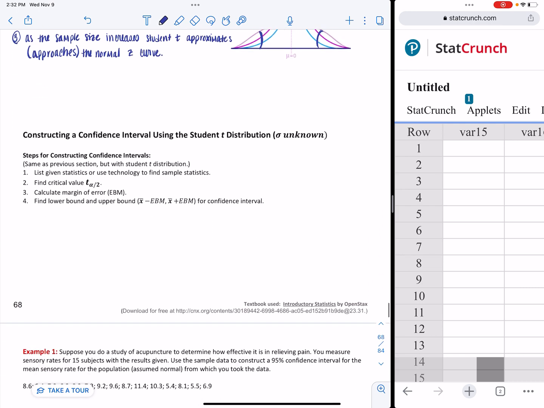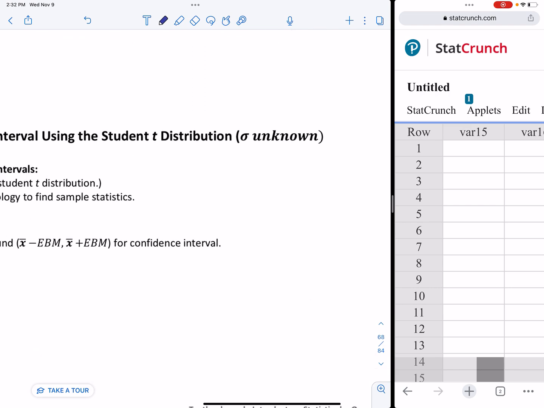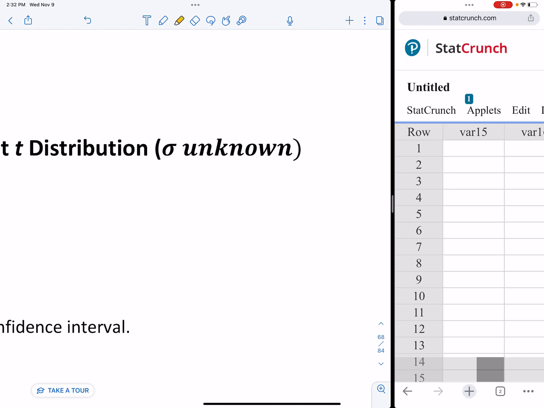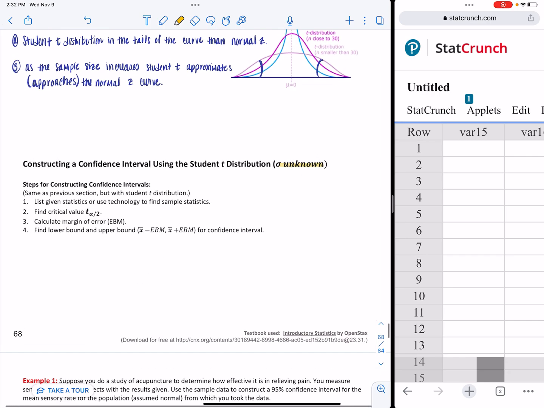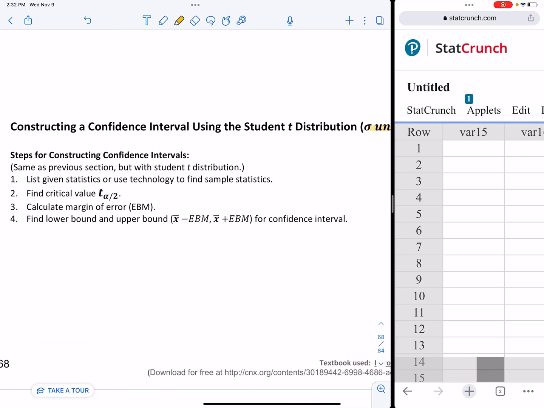So from there, we're going to look at constructing a confidence interval using the student t-distribution. Again, this is where sigma is completely unknown. Same steps as we used before. We're going to list what we know.